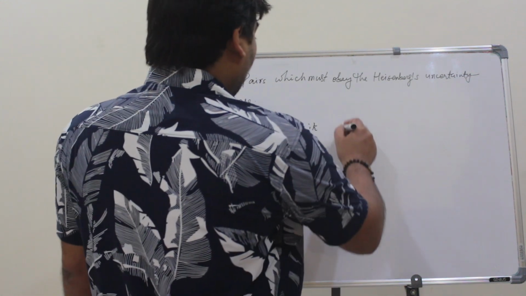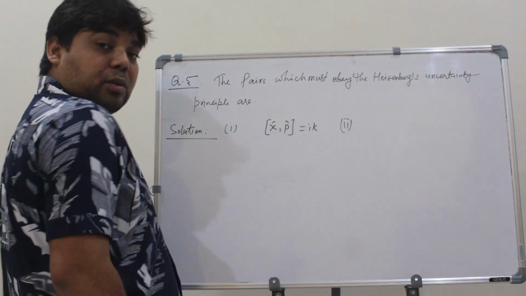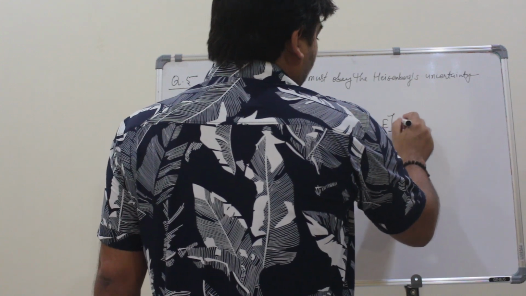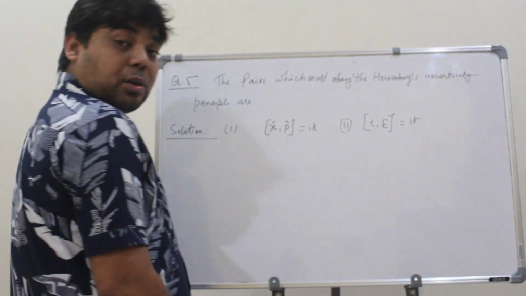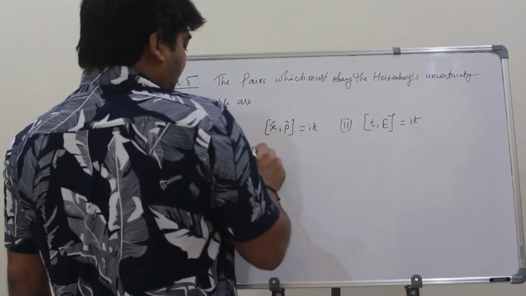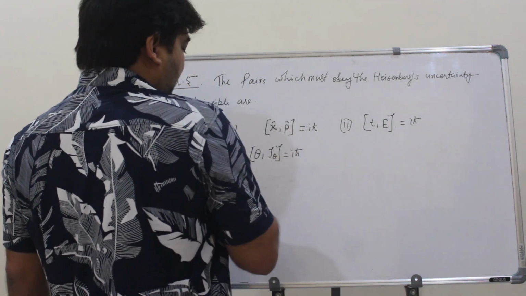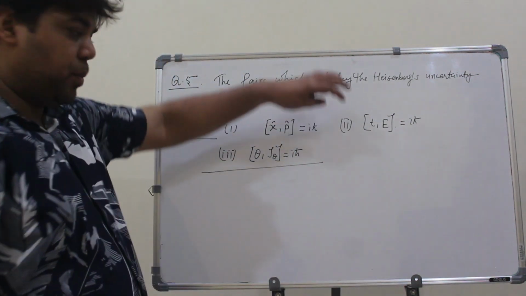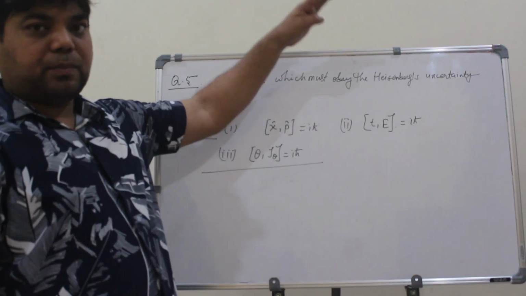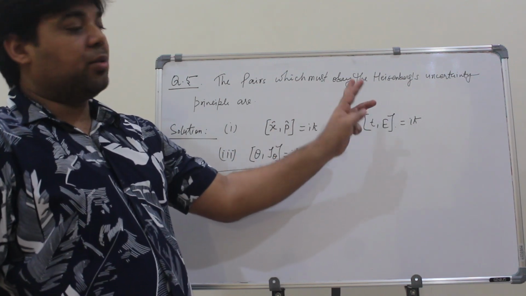Another similar pair is time and energy. And a third pair, which is also very famous, is theta and J theta. If any one of them matches these pairs, it is the correct answer. They are canonically conjugate. Energy and time are canonically conjugate variables.